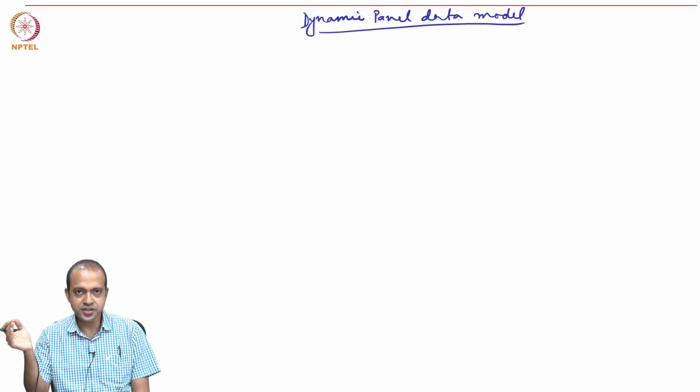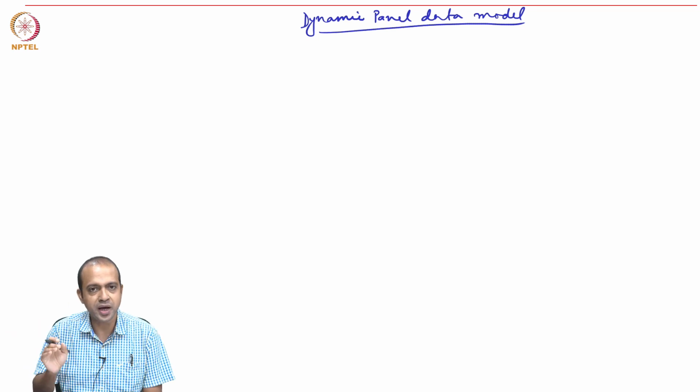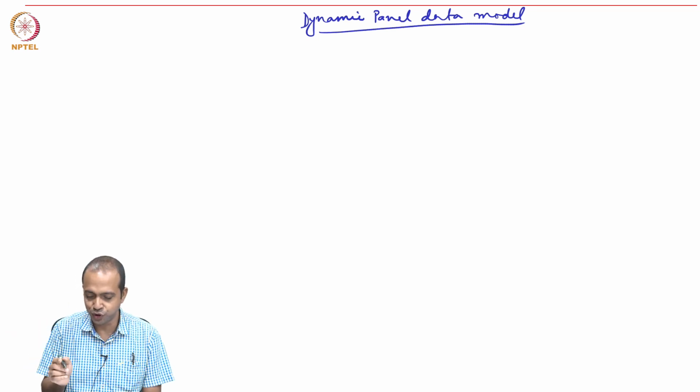And how do you model this dynamic relationship? Just by adding the lagged value of your dependent variable.